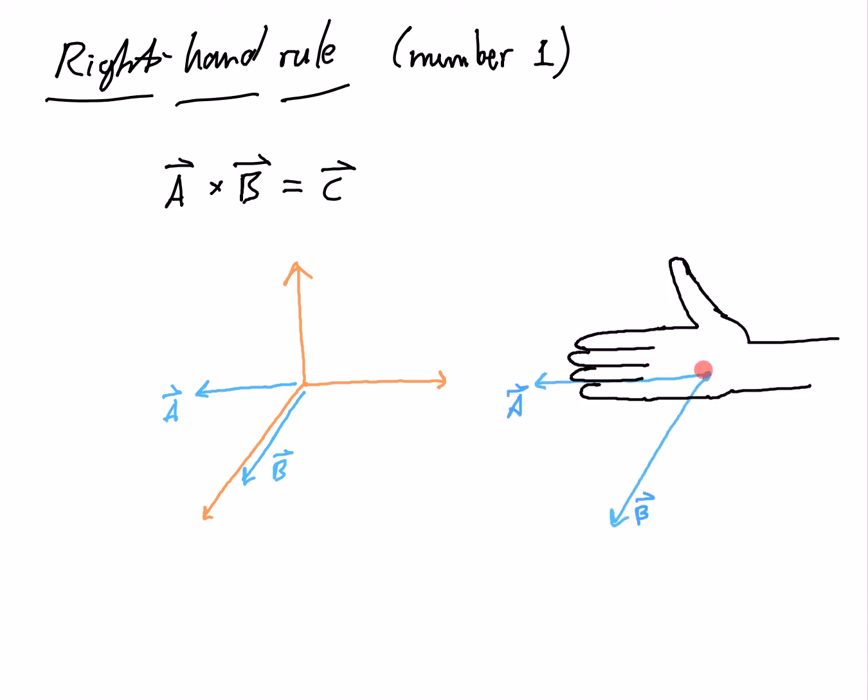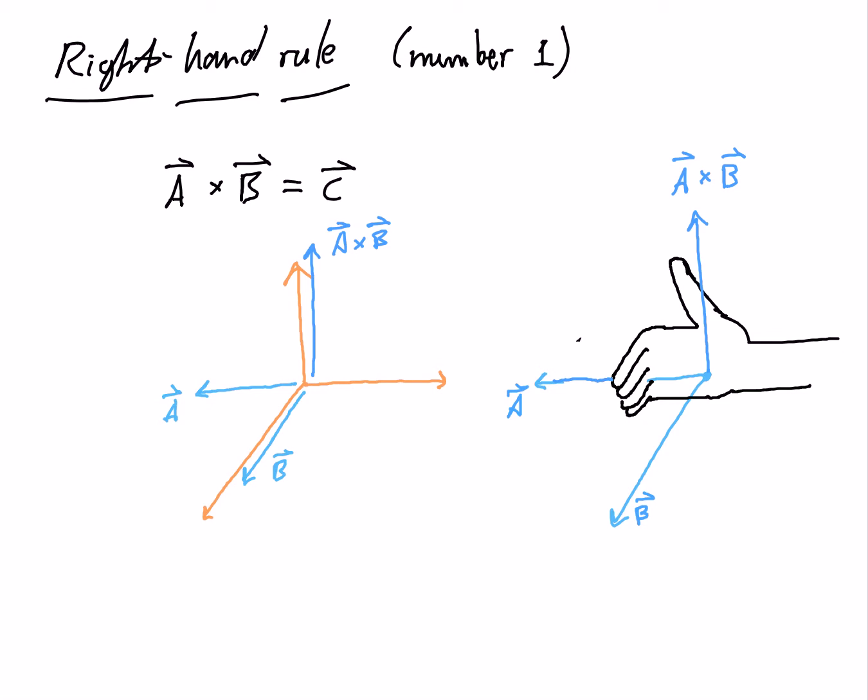If I take my right hand and I point my fingers in the direction of A, not in the direction of B, so I start my fingers off pointing in the direction of A, and then I sweep my fingers, partially closing my hand, so that my fingers now point in the direction of B, then the direction of my thumb tells me the direction of the cross product A cross B. So in this case, the cross product A cross B is pointing up because that's the direction my thumb is pointing. So to go back to our original drawing with 3D axes, it's pointing up.